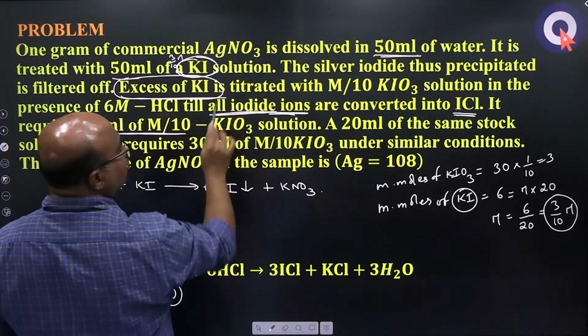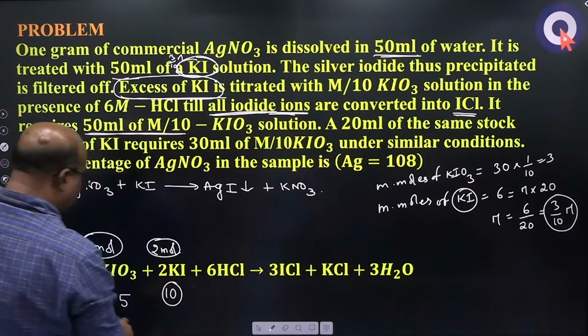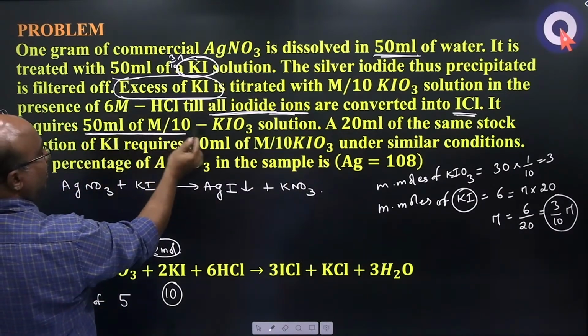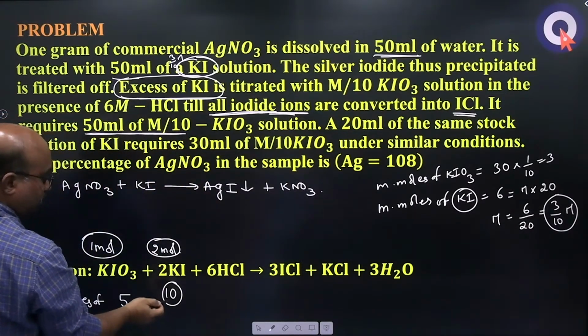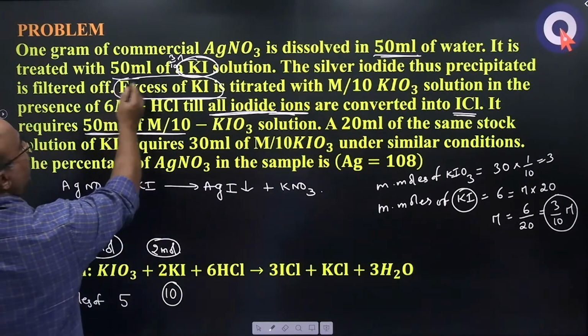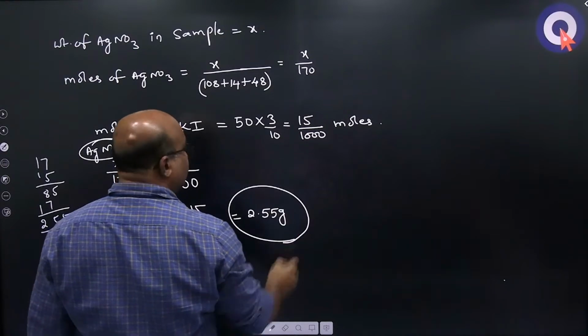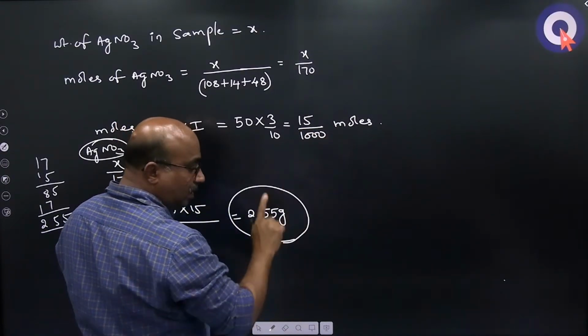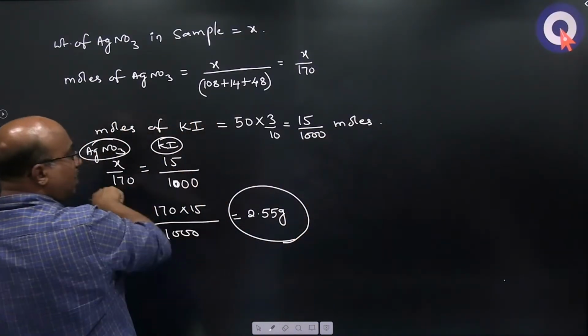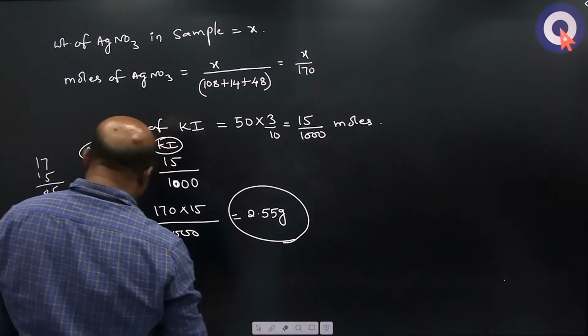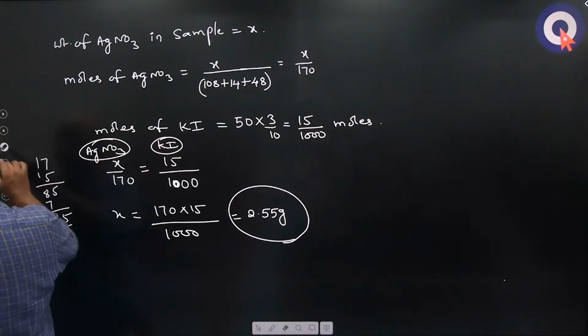How much of that was consumed? Suppose 50 ml of M by 10 is consumed, 10 is consumed. So how much we added is actually 15. So 15 millimoles we added, in that 10 is consumed. So 5 reacted here. I think we'll write like this.